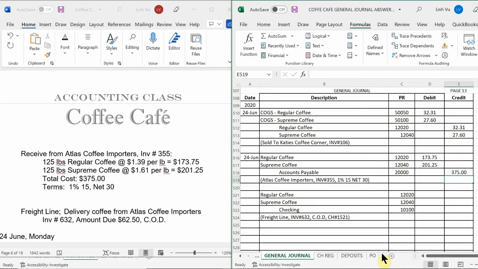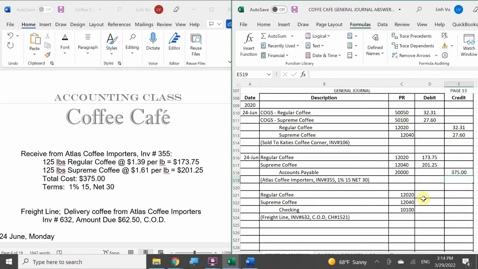Also, divide the delivery charges. We got a total of 62.50 divided by 2, which is 31.25.